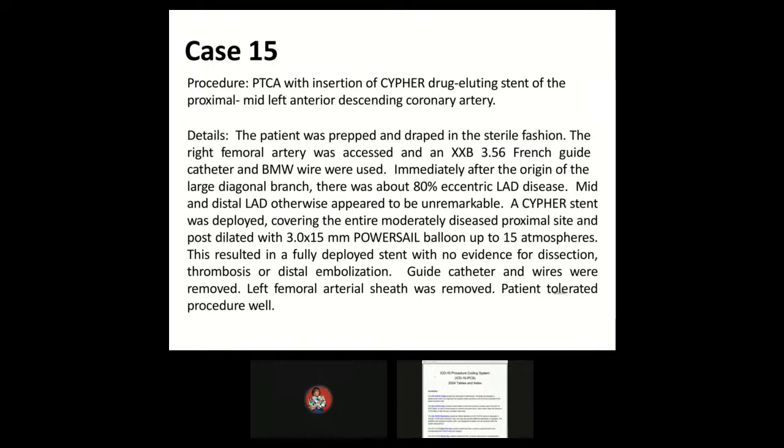Immediately after, they found the origin of the left diagonal branch. There was about 80% eccentric LAD disease. Mid and distal LAD appeared unremarkable. A cipher stent, the stent that they told us about, was deployed.